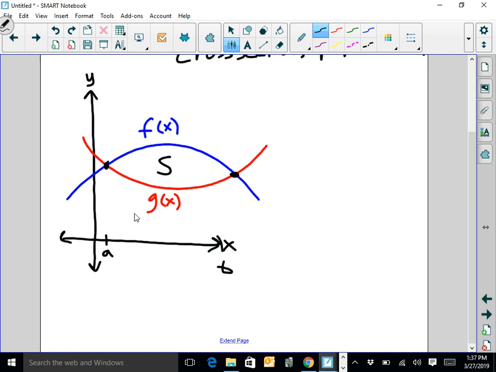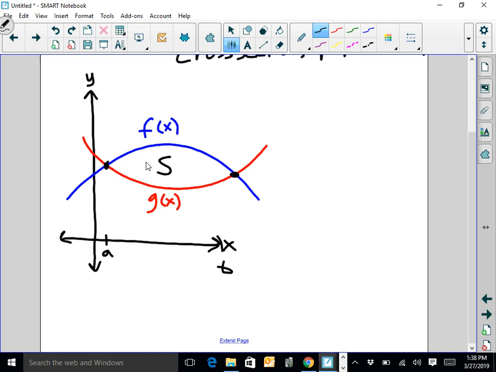Today, we're going to say that this region is the base of a solid whose cross sections perpendicular to the x-axis are squares. So this is the base of a solid, and that solid is coming out straight at you through the screen. To get a better idea of that, I'm going to sketch this at an angle.